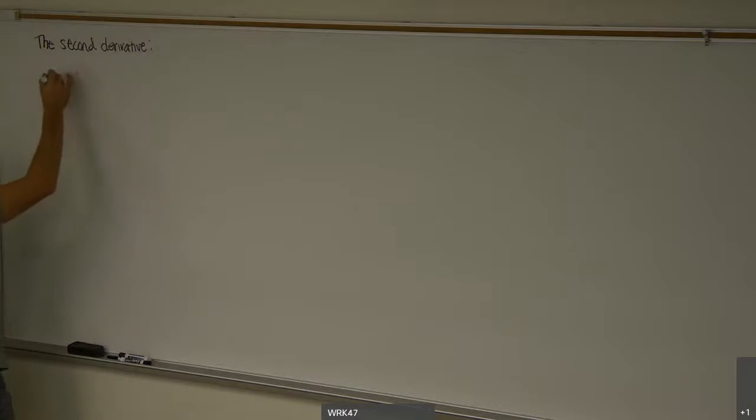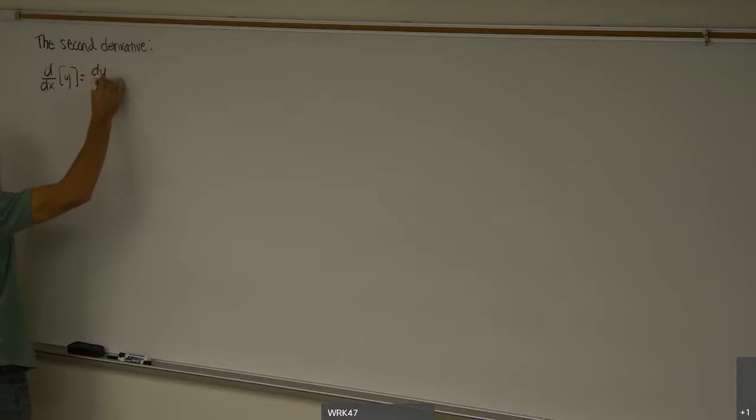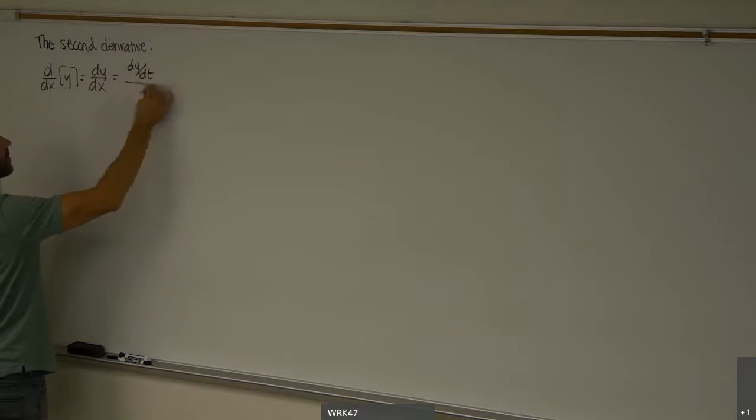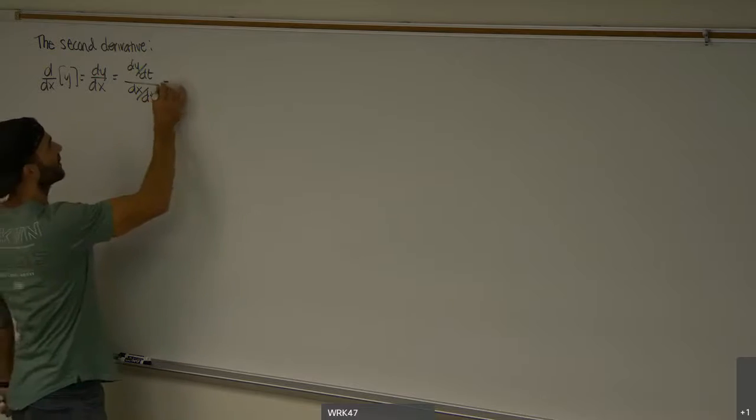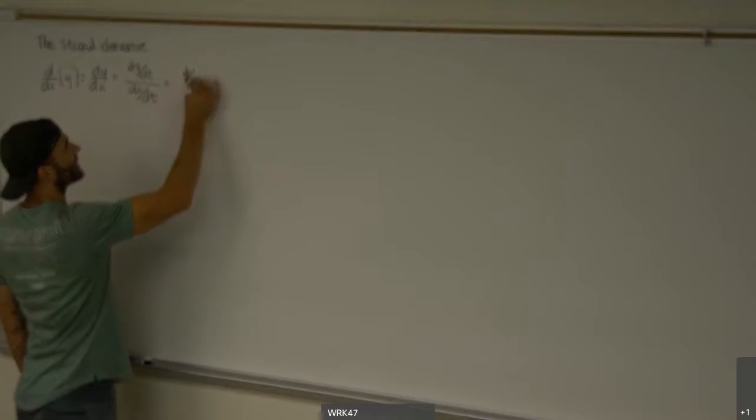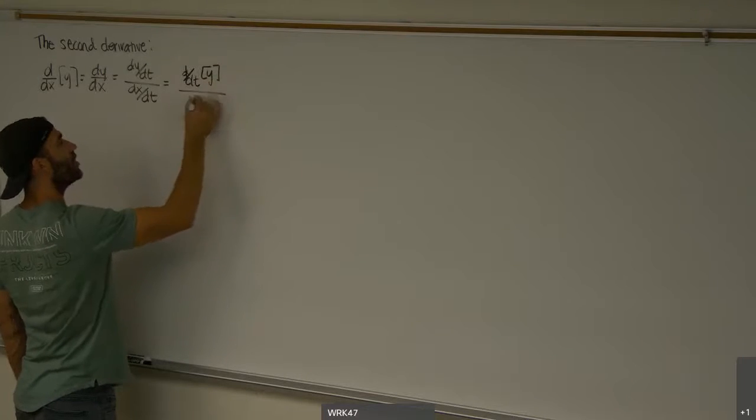Well, we just saw a second ago that dy/dx ends up being dy/dt over dx/dt. If I wanted to write this purely in terms of y, then I would really have this as d/dt of y over dx/dt.